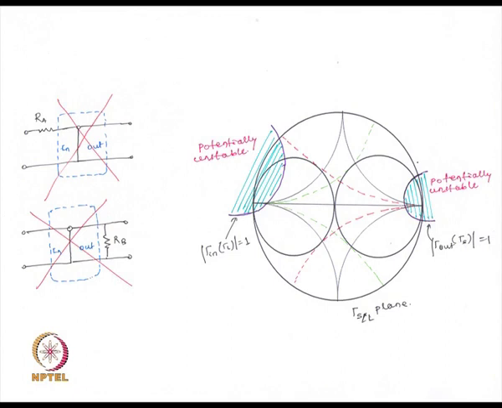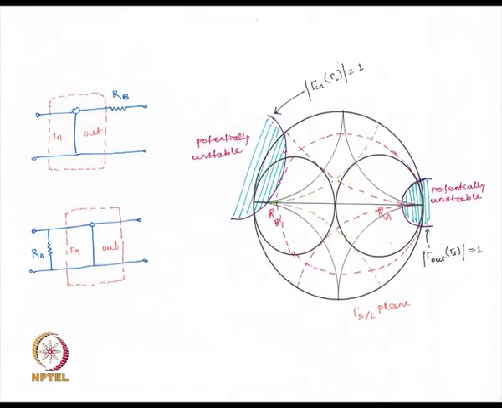However, even this output stability circle, though it does not touch any constant conductance circle, does touch a constant resistance circle, and this input stability circle, though it does not touch any constant resistance circle, does touch a constant conductance circle. So 1 upon Ra is the conductance circle which this input stability circle is touching, and Rb is the constant resistance circle that this output stability circle is touching.